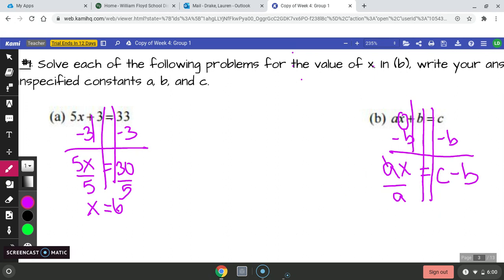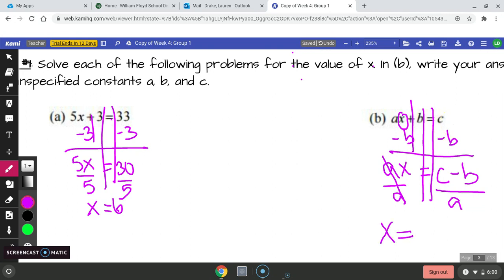So I'm going to divide this side by a, and I can either divide the entire side by a or both pieces. Since I can't actually divide, I'm just going to put one long division bar and divide the entire thing by a. I can't actually do c minus b divided by a, so I'm just going to leave it as c minus b divided by a. Now x is by itself, so I'm going to rewrite this.